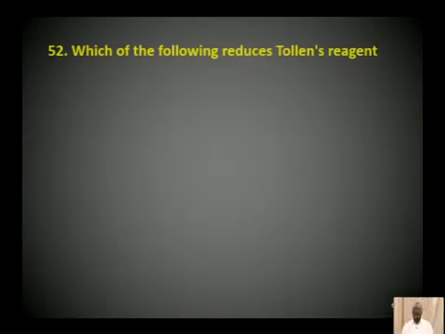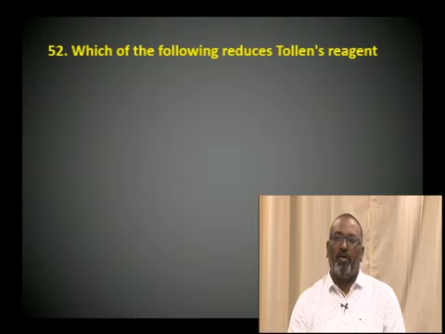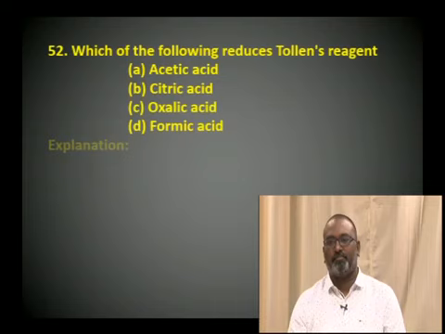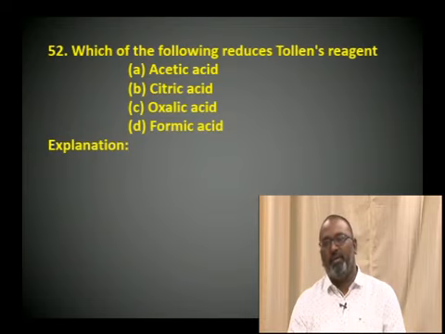Question number 52. Which of the following reduces Tollens reagent? Acetic acid, citric acid, oxalic acid, or formic acid? Already when we were discussing aldehydes and ketones, we came across this word Tollens reagent.